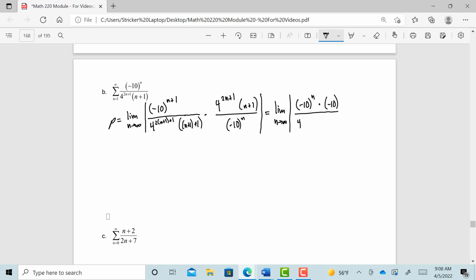And if we distribute that 2, we have 2n plus 2 plus 1. So that's going to be 2n plus 3, right? So we have 2 times n plus 1 plus 1. That's 2n plus 2 plus 1. It's 2n plus 3.